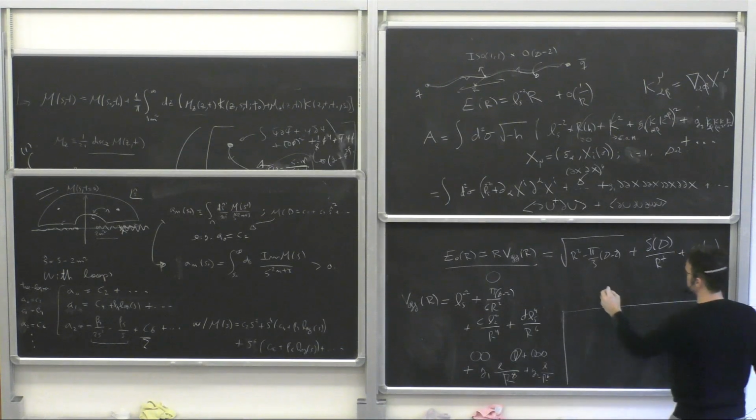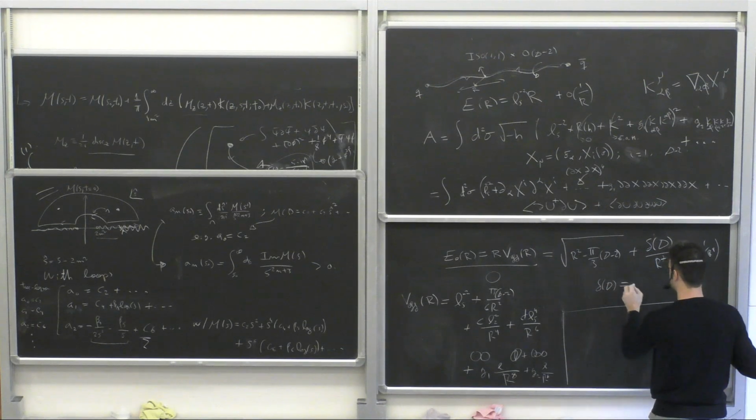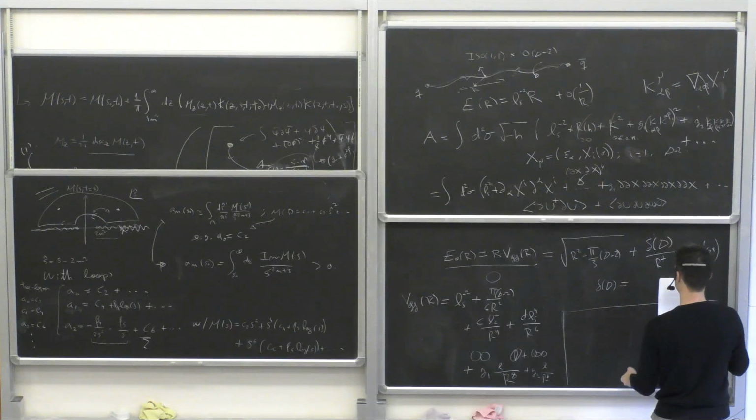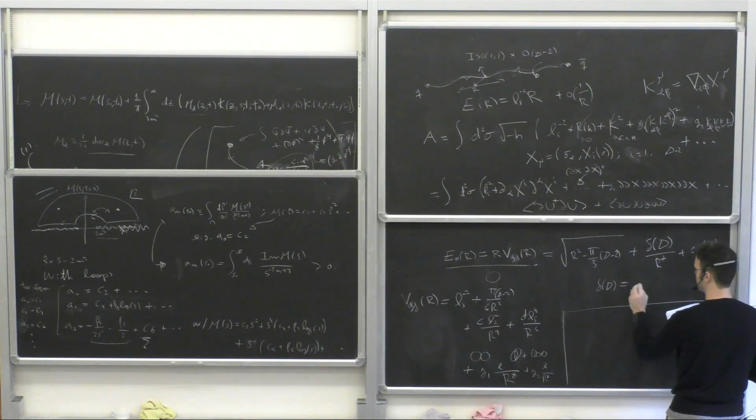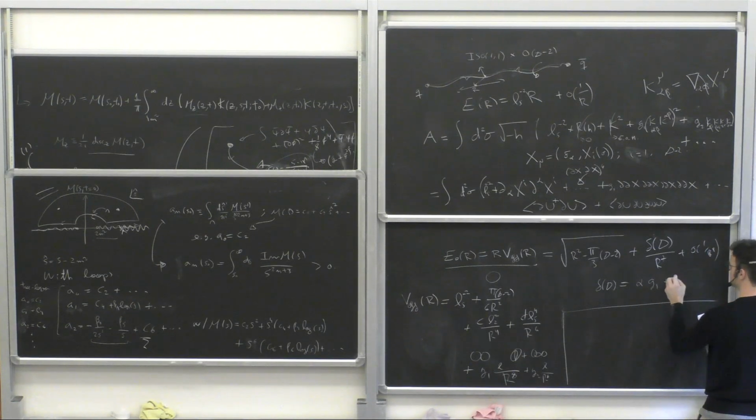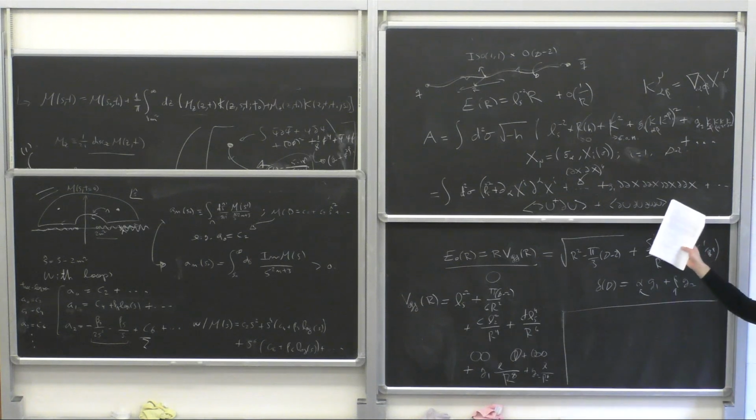And this delta, it's linear, so let me write it like this. Alpha G1 plus beta G2 with some calculable alpha and beta that I'm not going to write now, okay?